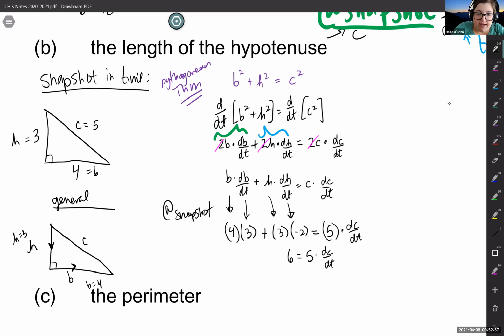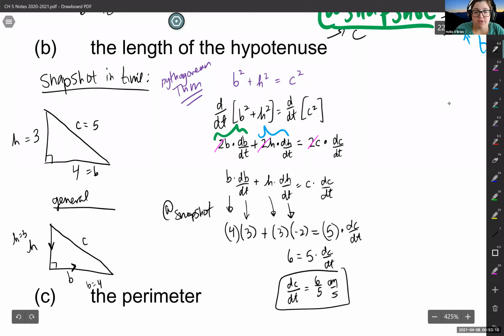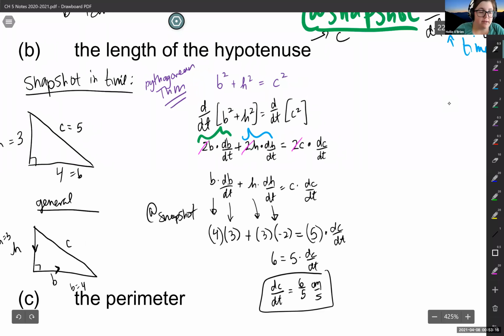So let's say, okay, I'm going to write it this way. dc dt, the rate of change of the hypotenuse with respect to time, is going to be 6/5 centimeters per second, because we need those units. 6 divided by 5, you could say 1.2, whatever. I prefer the fraction.